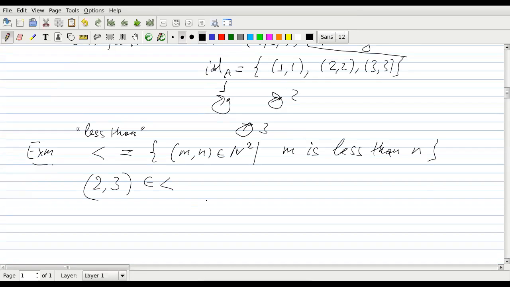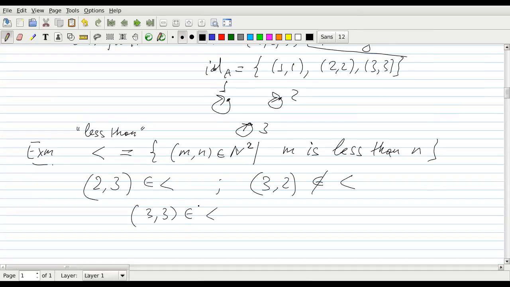Is it clear? Yes. Is (3, 2) an element of this relation? No, for 3 is not less than 2. And what about (3, 3)? Is it an element or not?